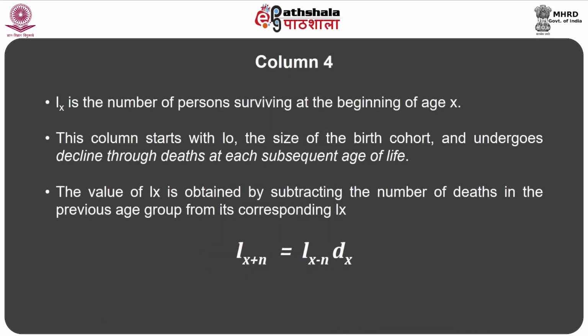This column starts from small l0, the size of the birth cohort, and undergoes decline through deaths at each subsequent age of life. The value of small lx is obtained by subtracting the number of deaths in the previous age group from its corresponding small lx, that is, l(x+n) equals lx minus ndx.